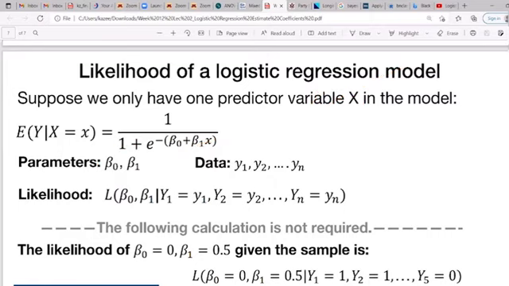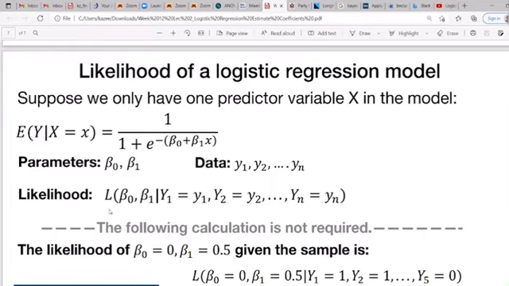Now you remember this is the probability form of a logistic regression model. Of course, our parameters are beta naught and beta 1. We've collected our data set, where the response variable is categorical. And what are we looking for?